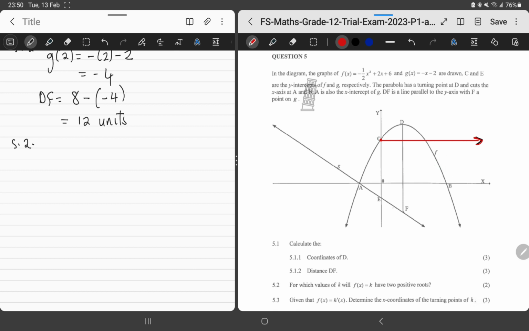Okay, so the coordinates of C must be (0; 6) because C is the y-intercept of f. And then I know that the coordinates of D are (2; 8). Okay.